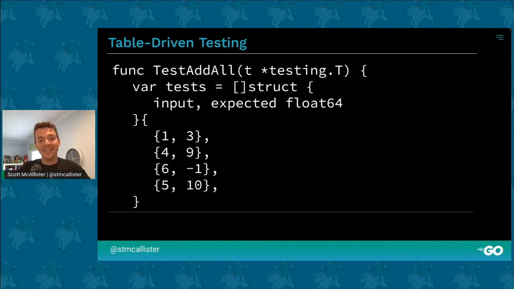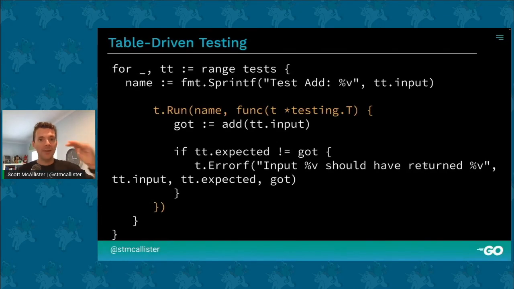With that list, then we just loop over that group of inputs and expected values. So in this case, this is the Go code that loops over those tests, over that list. It creates a name by using the input value that we have.